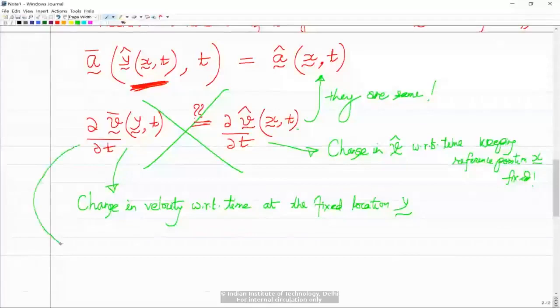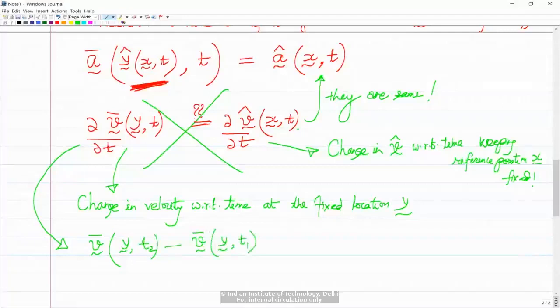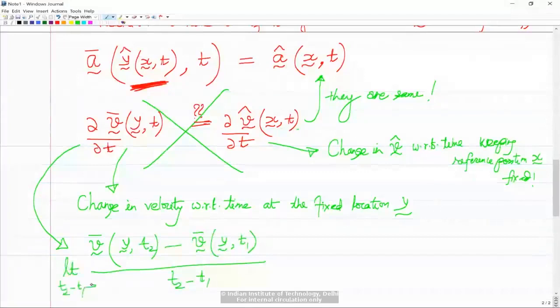So this can also be written as velocity at y comma t2, minus velocity at location y and time t1, divided by t2 minus t1, using calculus, and you have to take the limit t2 minus t1 going to 0.